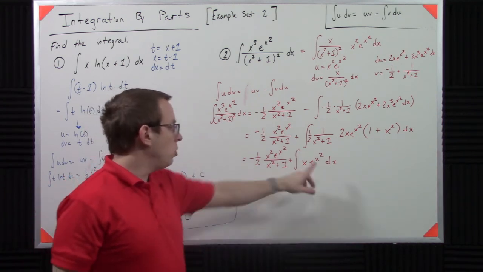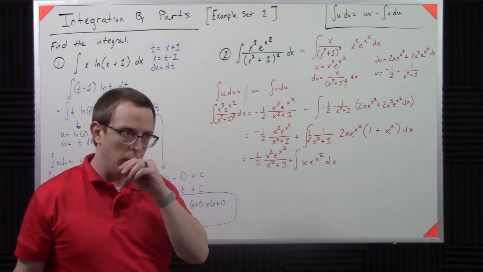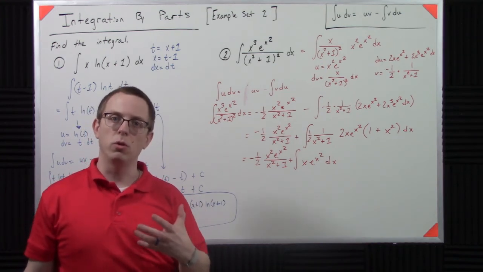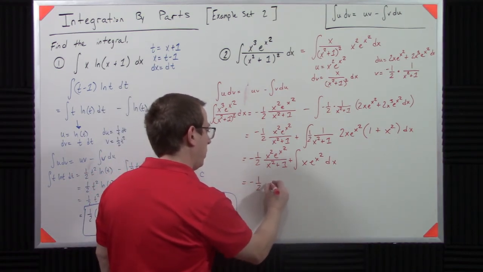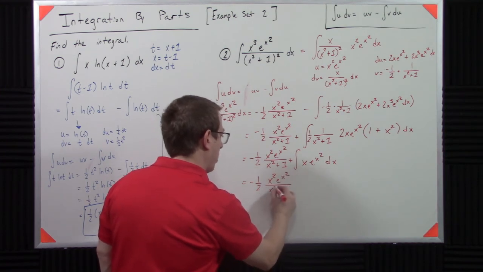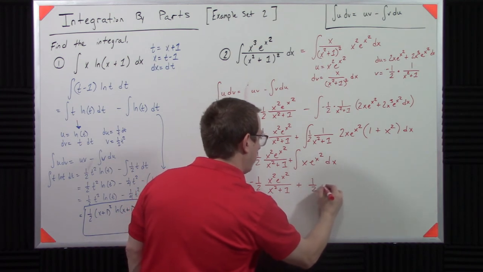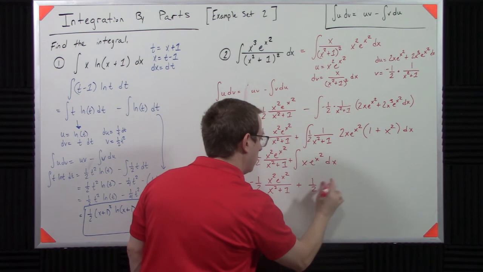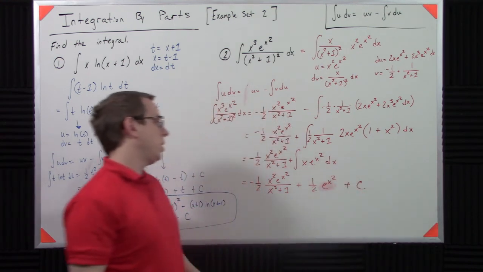You take u to be x squared, so du is 2x dx. In the interest of board space, I'm not going to go through that entire u substitution. Hopefully you feel comfortable with that. So you end up with negative 1/2 x squared e to the x squared over x squared plus 1, plus 1/2 e to the x squared plus an arbitrary constant.